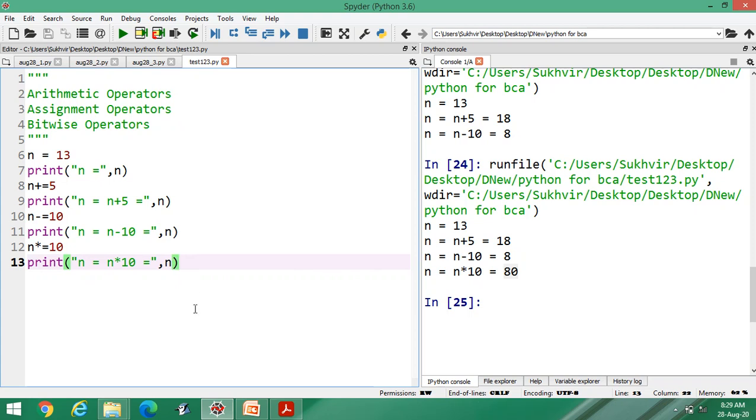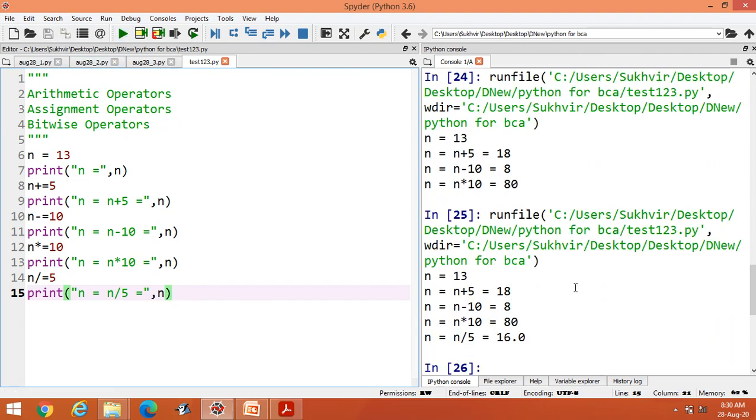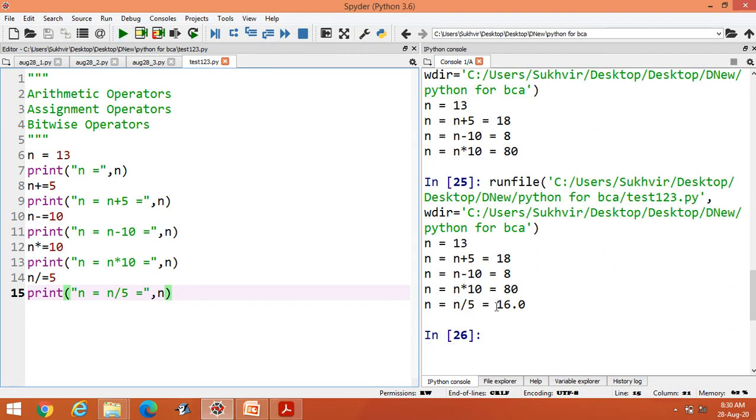Suppose I have to divide, then you can write N divide equal to 5. Suppose I am dividing now by 5. Again write the statement like this. N is equal to N divided by 5. Now execute. The answer is 16. But look at this value.